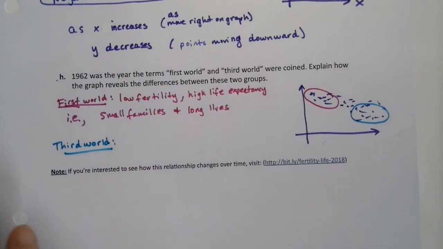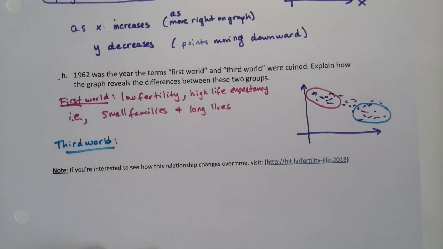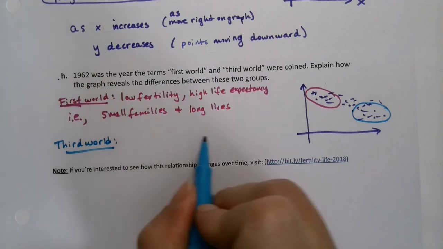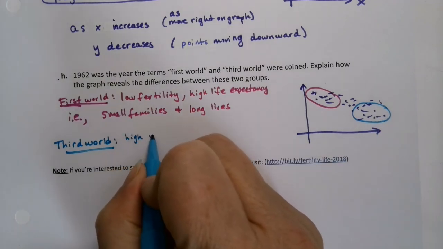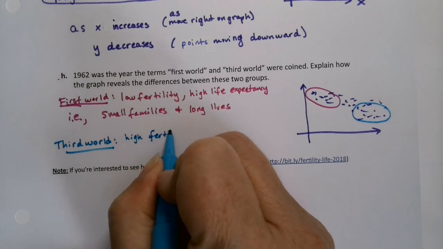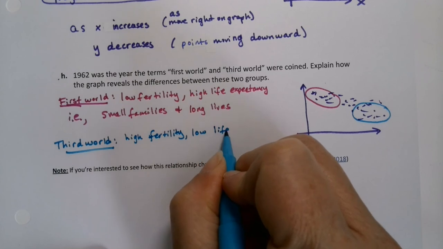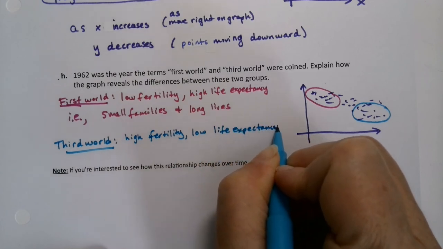Now, if you're wondering where the second world is, this was the height of the Cold War. So the second world was considered to be the Soviet Union and its ancillary countries. So the Soviet bloc was the second world, at least as far as the US was concerned. All right, so that would be, well, let's see, high fertility and low life expectancy. In other words, they're having large families and short lives.